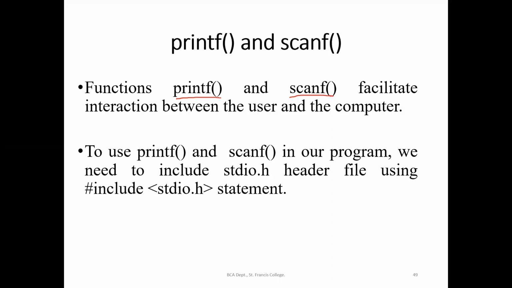What is the default output device? Output device is our monitor, right? So we have to print the output onto the monitor using printf. We will get an input from the user using scanf through the keyboard, and print the output to the default output device called monitor using printf.